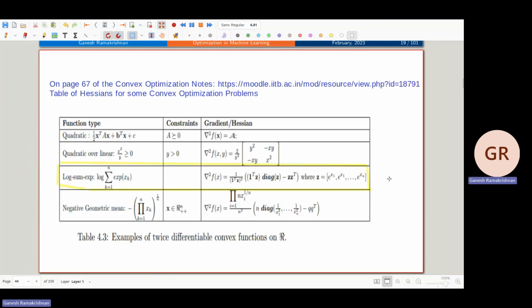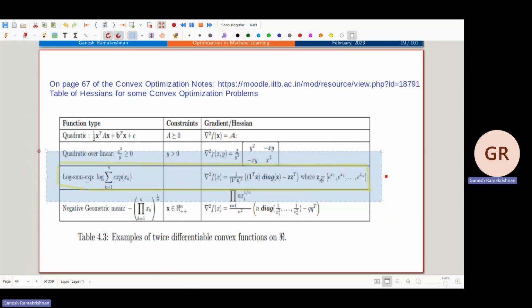Okay, and on page 67 of the convex optimization notes, I have given a table of Hessians for some problems. So for example, log sum exp, I have shown this. It turns out to be, you'll have 1 transpose z into diag z. Diag z was easy to understand. It's all the exps, right? Minus z z transpose, where z z transpose will now have all the cross terms. z z transpose is a rank 1 matrix.